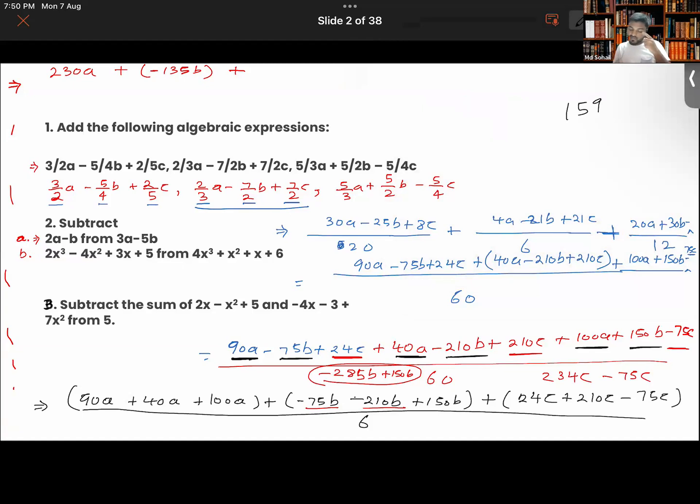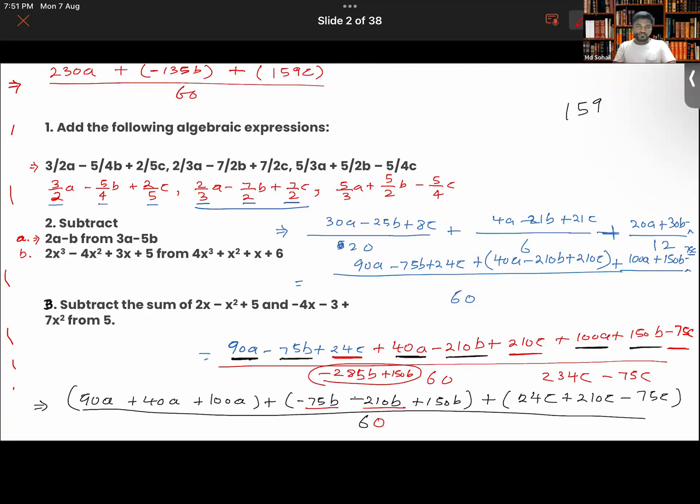Yes, that is correct. So let's just write it here. And the sign is going to be a positive sign. Positive, 159c upon 60. Now, can we do any calculations further?